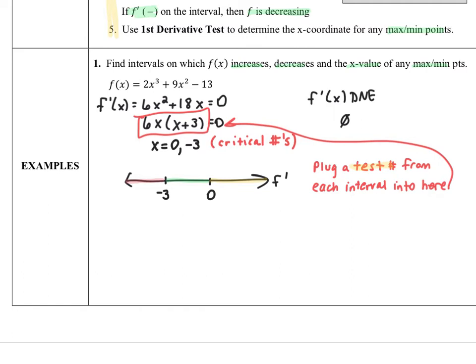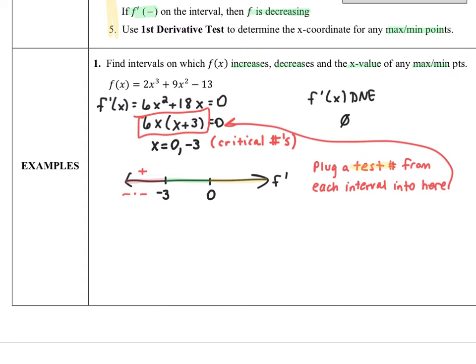And when I put a -4 in for this x times that 6, I'm going to get a negative number. And then when I take a -4 and put it into that other factor and add 3, I also get a negative. And if I multiply 2 negatives together, I get a positive. So I know that f prime is positive on this interval, which in turn tells me that f is increasing.